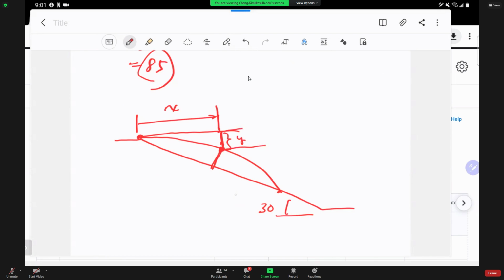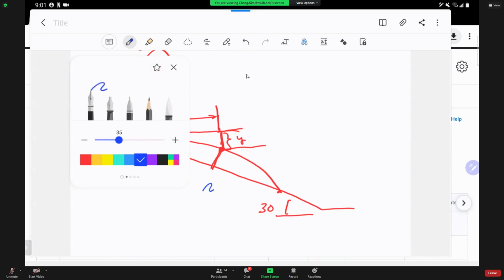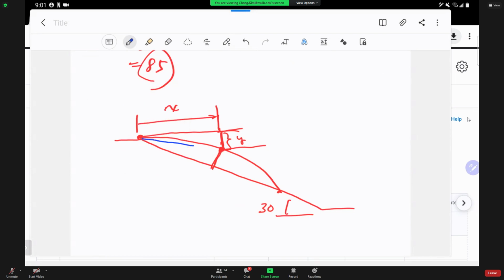Now when you look at it here, if I drew the line, it looks like it has some symmetric nature. So if I can find the y, I believe this distance would be equal to that y.